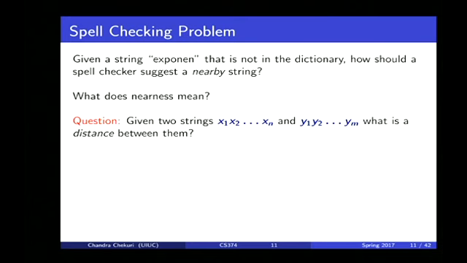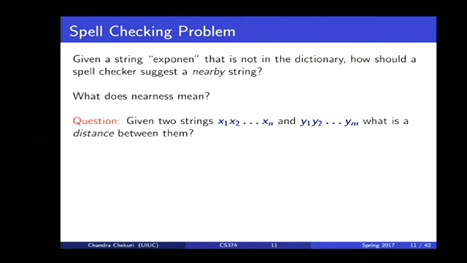To make this more mathematical, we would like to formalize the notion of distance: if I give you a word and another word, I want a measure of the distance between them so that I can pick the nearest one. It's not obvious. If I give you two points on the plane, we have the Euclidean distance, but I can define different types of distances, like L1 distance or L2 distance or some other Lp distance.